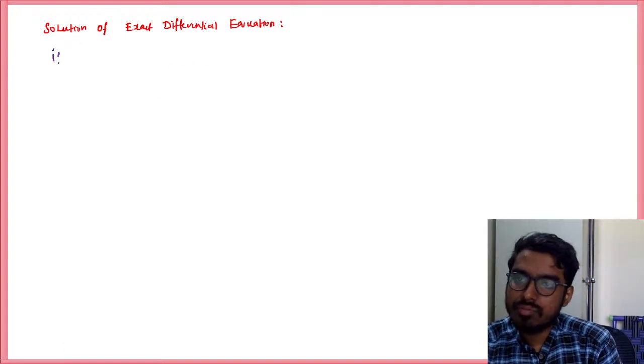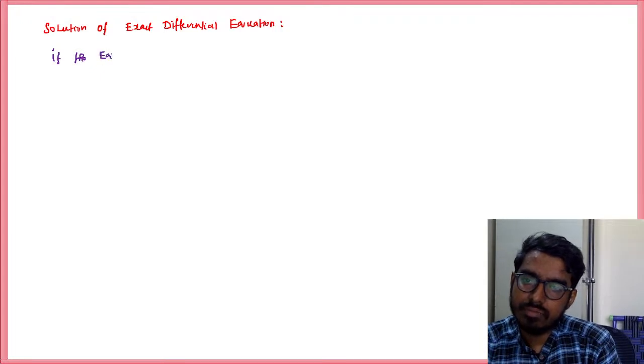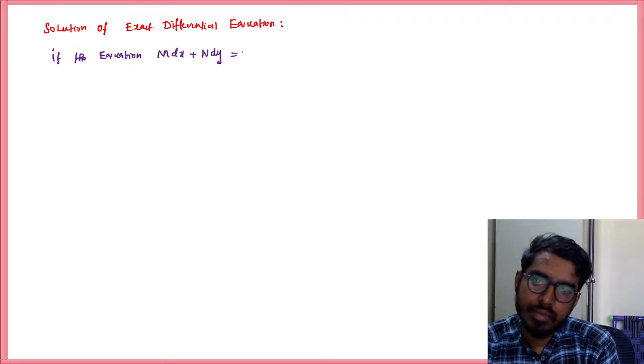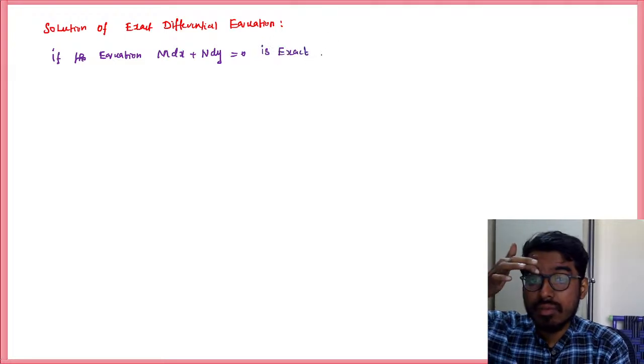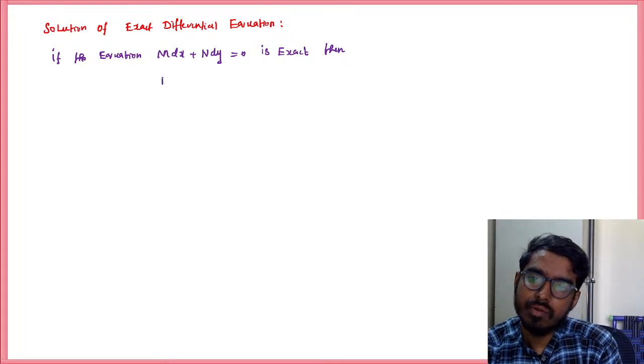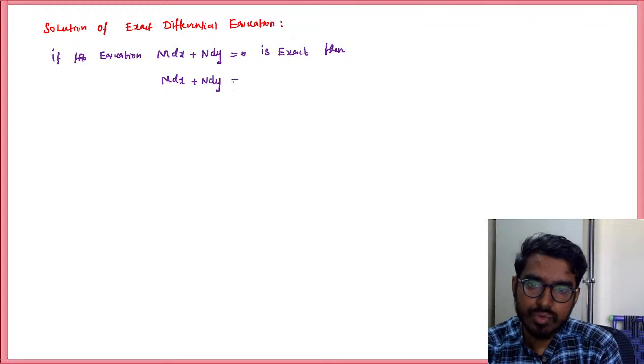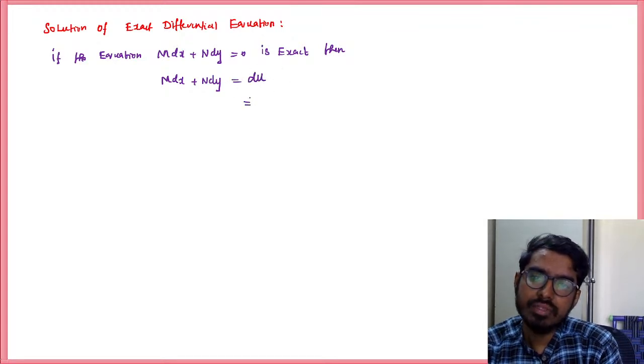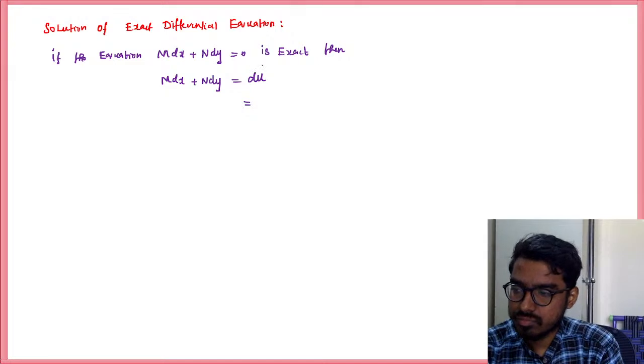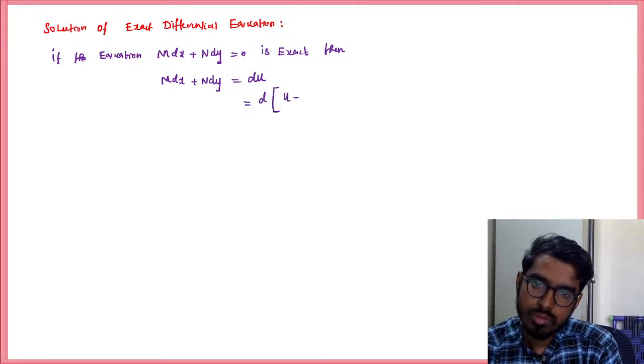If the equation M dx plus N dy is equal to 0 is exact, then we know that M dx plus N dy is equal to du, or this can be written as d of u plus integration of f of y dy, right?